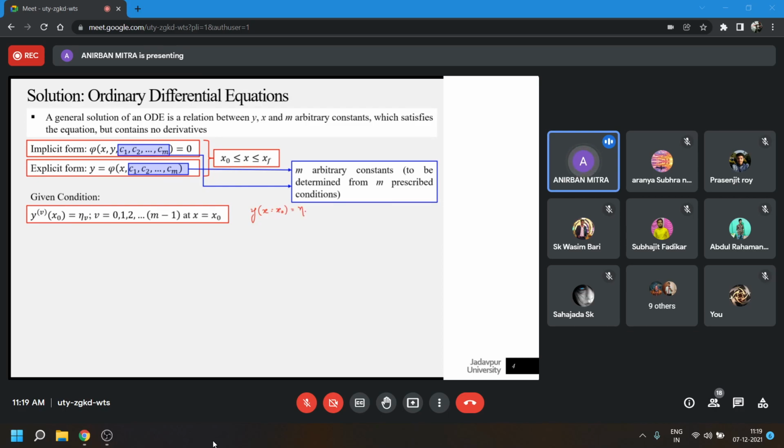This will be some value, say eta 0. We may also be given y dashed at x equal to x0. So eta 1, like that. Different conditions would be provided. So at a given x, values of the function as well as its derivatives are given going up to m minus 1.